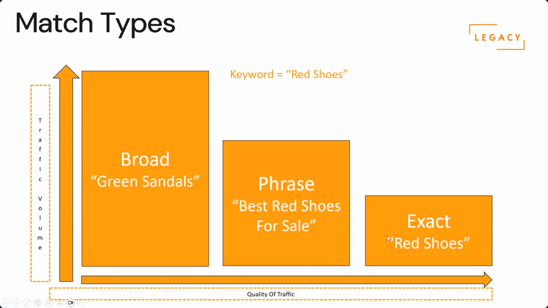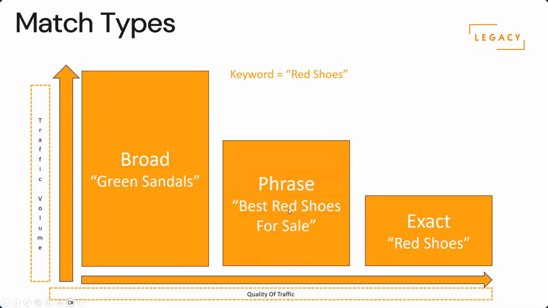Google's made a lot of changes recently to how it runs its match types, but in theory, if you're bidding on red shoes, an exact match keyword will show for red shoes. Phrase match will show for searches around the keyword that you're bidding on.